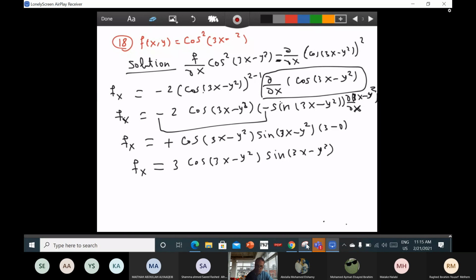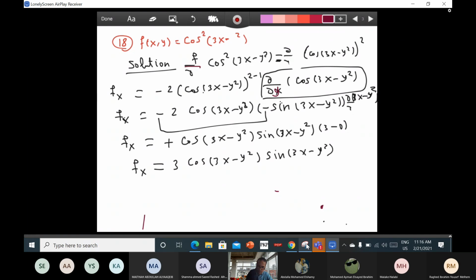Okay, so now if I differentiate with respect to y, this one will be replaced by y, this one will be replaced by y, this one will be replaced by y, and this one will be replaced by y. I'm just making it in a nice way, just so it is not ugly.